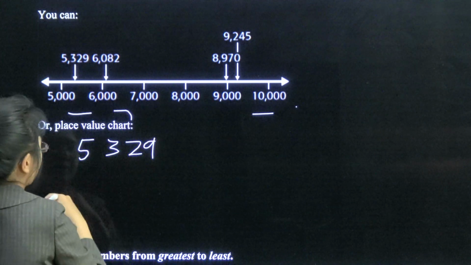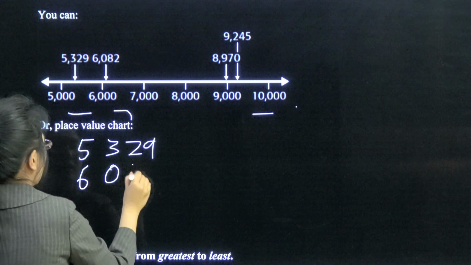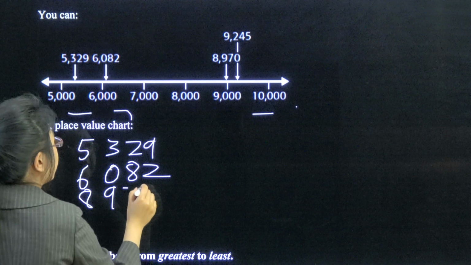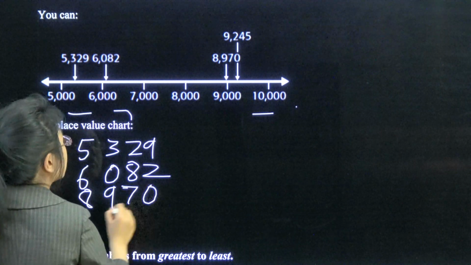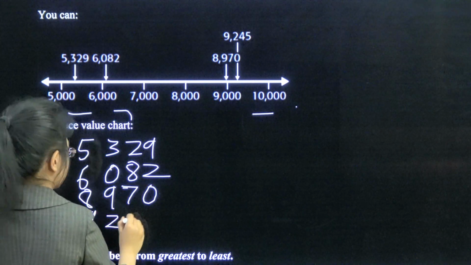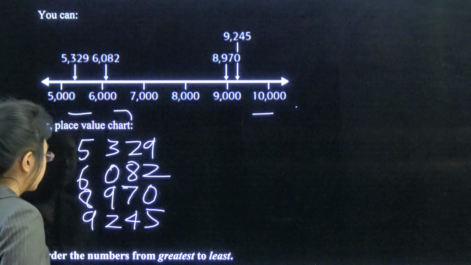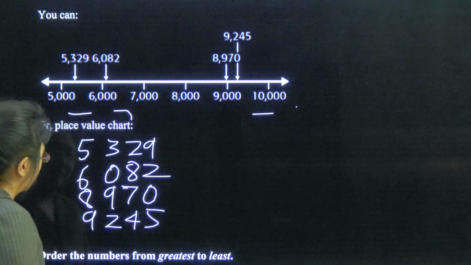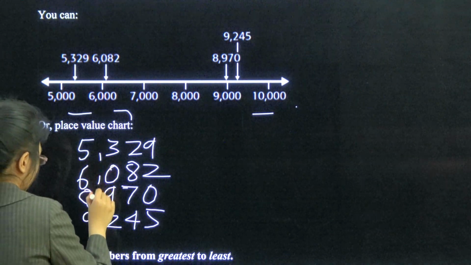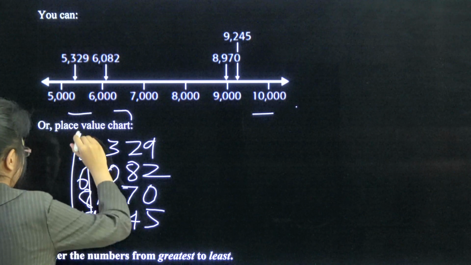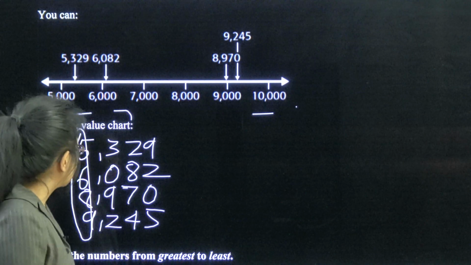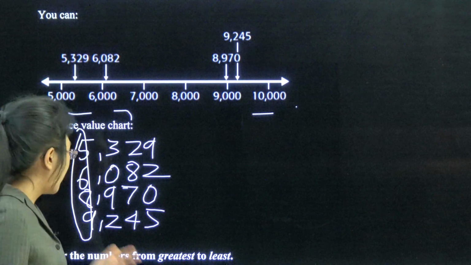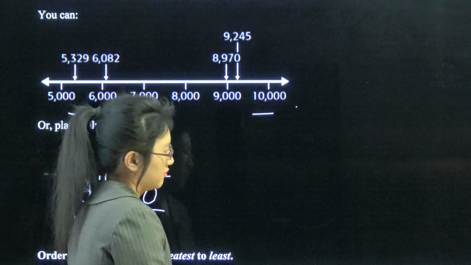I'm not actually going to write the place values because a place value chart is just lining them all up. The leftmost digit, which is, well, the thousands in this case, are all different. So we just order them by how big the thousand is.